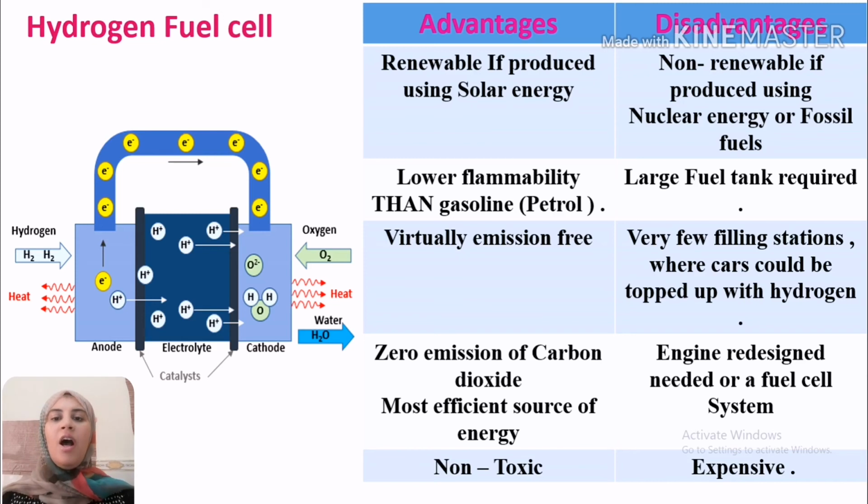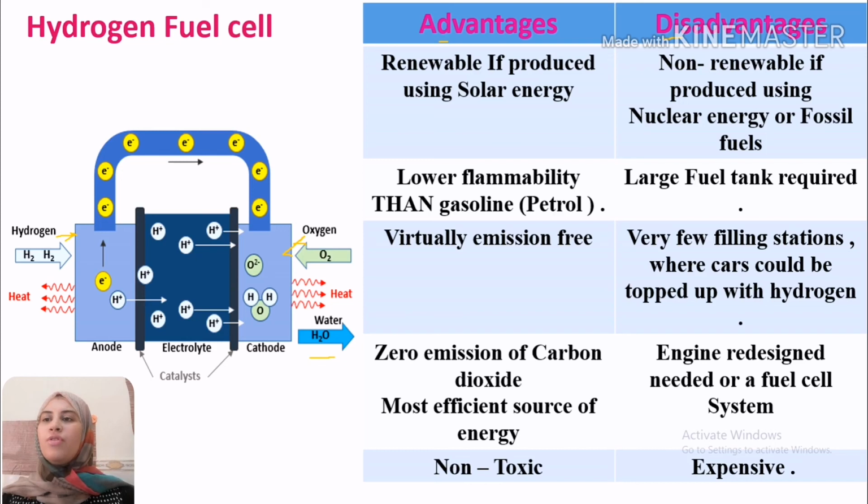But take care, the hydrogen fuel cell is like any source of energy: we have advantages and disadvantages. In the hydrogen fuel cell, just remember with me, we burn hydrogen H2 and oxygen O2 to produce a very large amount of energy and water.